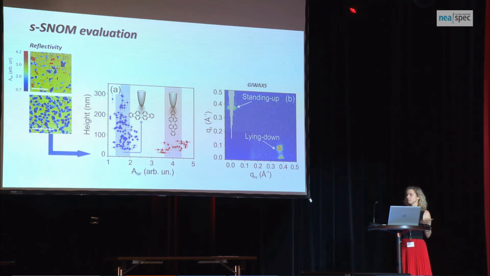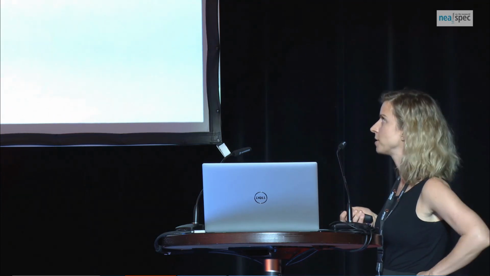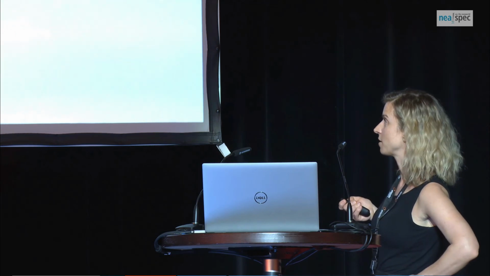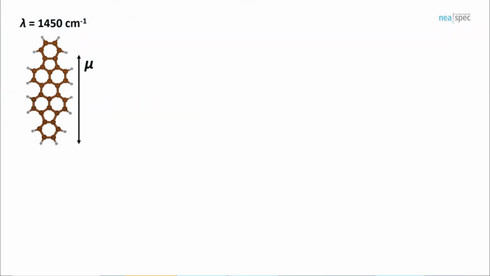And we were surprised, like why in this case we have a lower signal than in this case. In the previous talks they mentioned that, for example, for this molecule at this wavelength, when you excite, the molecules start to vibrate in the direction of the molecule, which means that there is a molecular dipole that is oriented along the long side of the molecule.